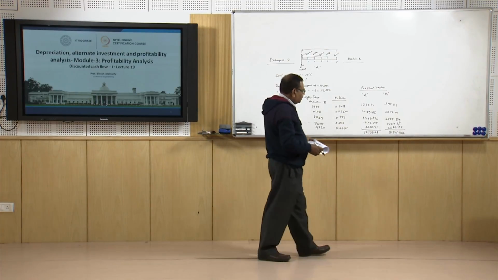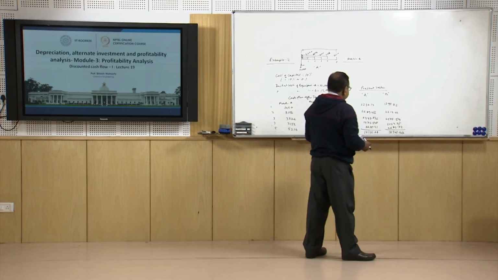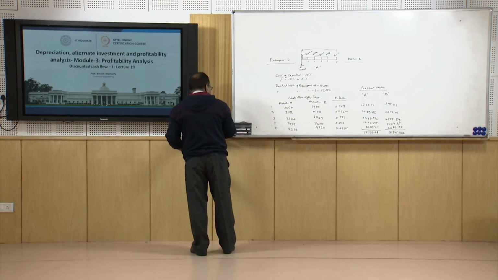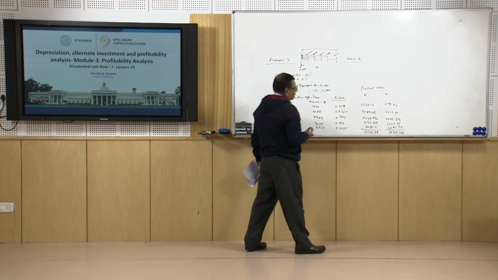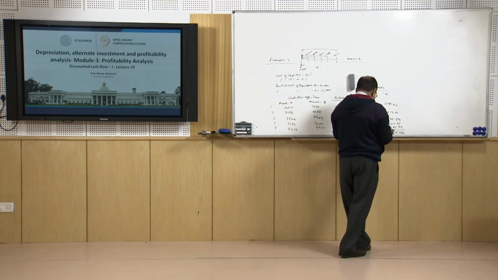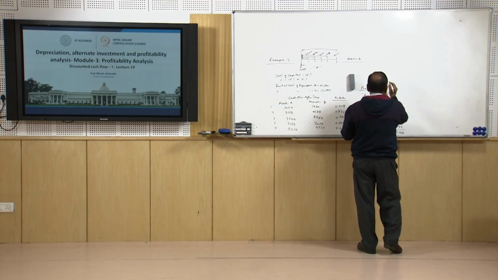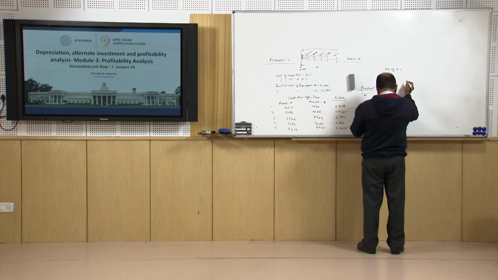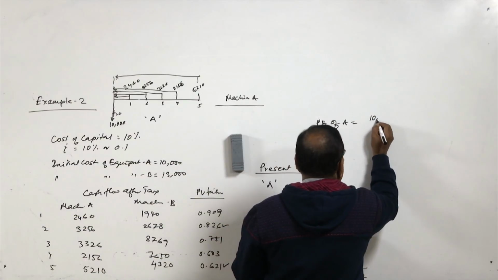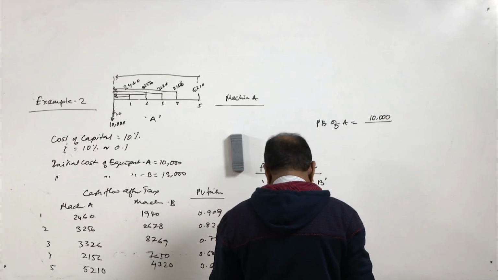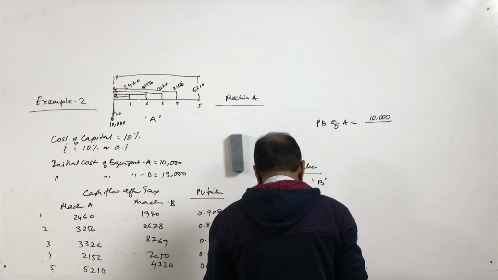But if we find out the payback period for this, PB of machine A is equal to 10,000 divided by the sum of the cash flows.